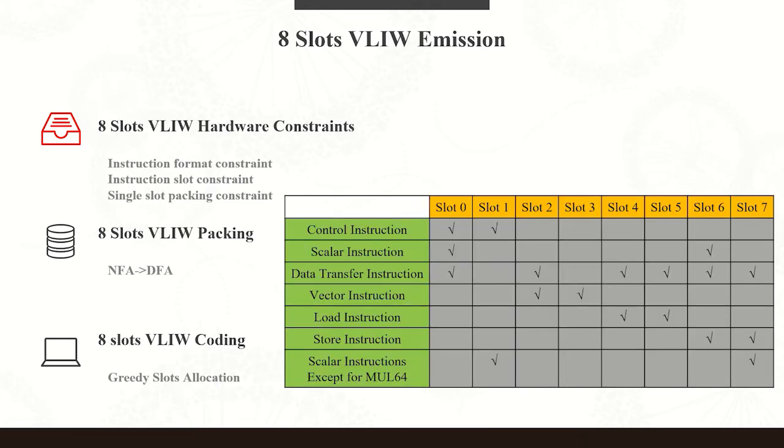In addition, hardware constructs include instruction store constructs and single store packaging constructs. The former is shown in the figure on the right, which specifies the allocation of slots for instructions. The latter specifies that certain expansion instructions must occupy a single VLIW packet.